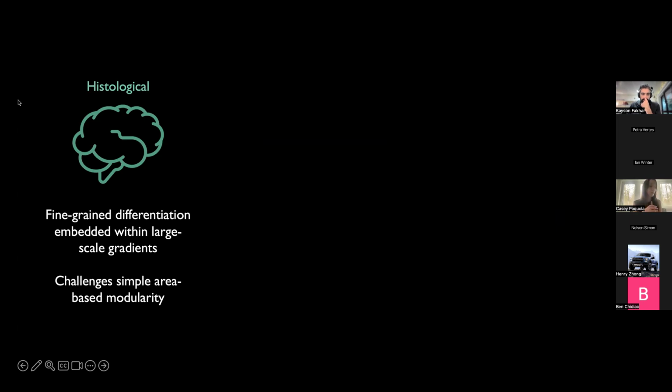I think we should be moving towards more detailed descriptions of what makes a parcel unique, not just its layer thickness or something, but also the makeup of the pattern of cytoarchitecture within that area, for example.